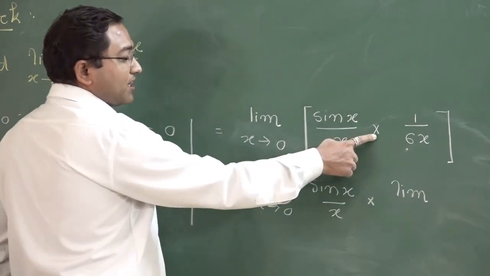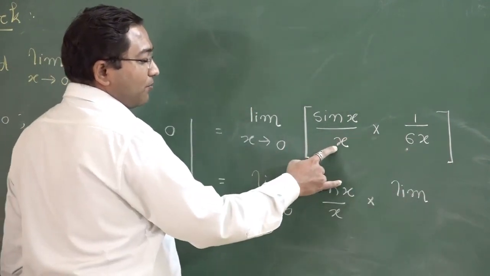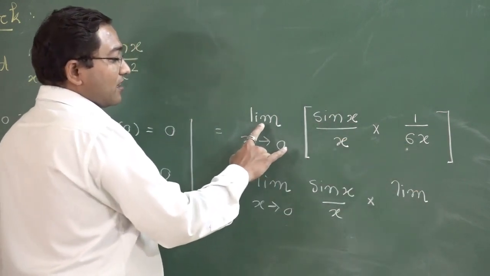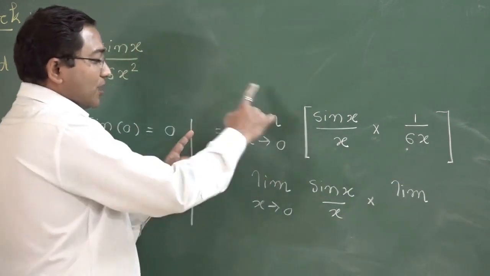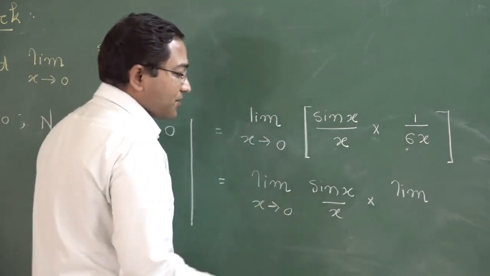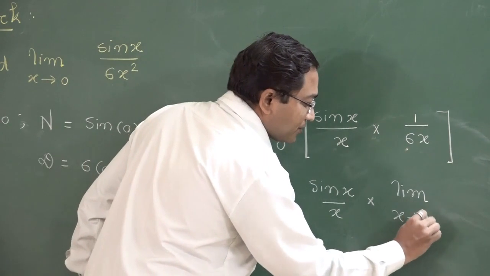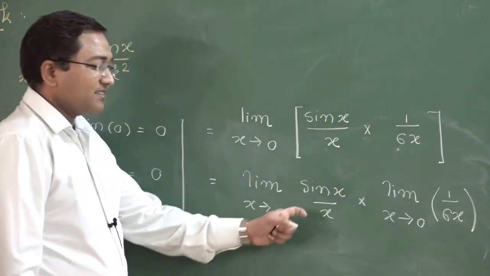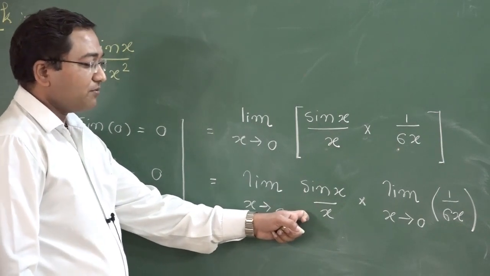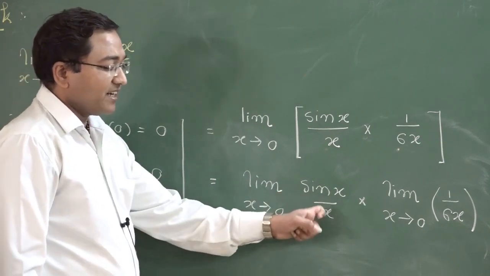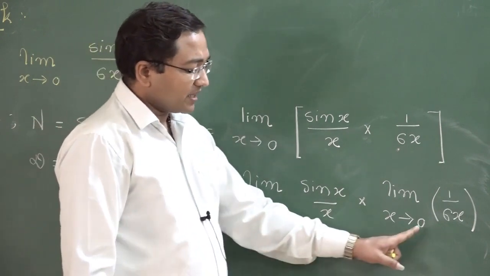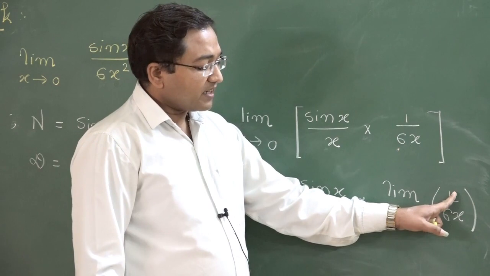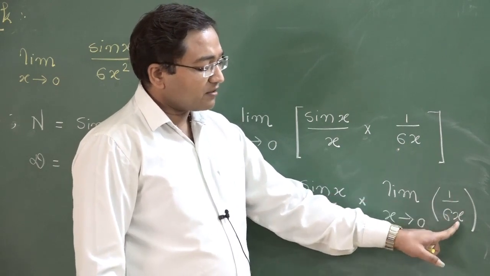the limit, according to the multiplication rule of limit: if f of x and g of x are multiplied together, then we can separate the limit to both the functions, limit x tends to 0 of 1 upon 6x. We know that limit x tends to 0 of sin x upon x is 1, but here in 1 upon 6x there is no factor in the numerator to cancel out the denominator.